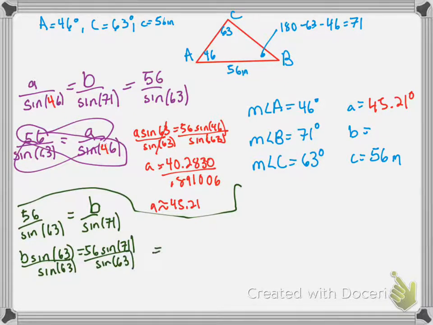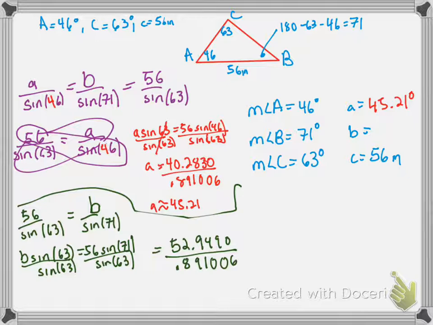Okay, once again, I've got to do this in parts. So sine 71 times 56 gives me 52.9490. Then divided by sine 63, that's going to be 0.891006.